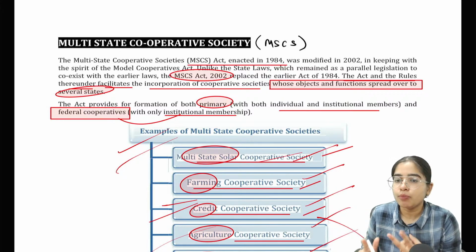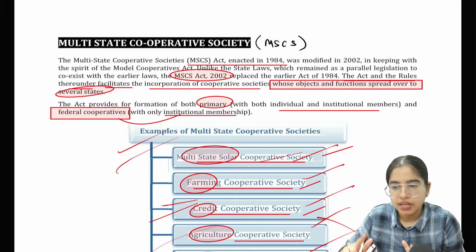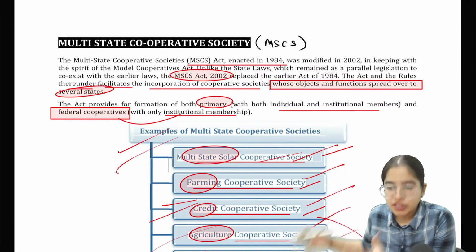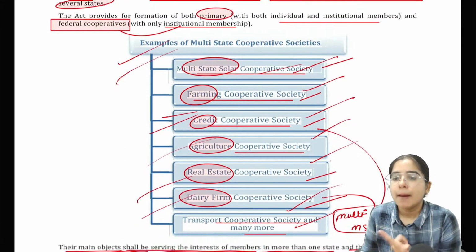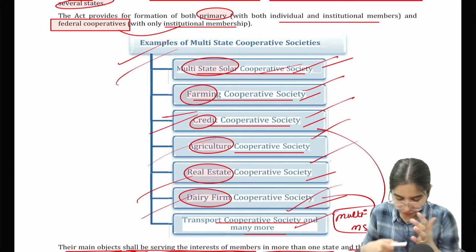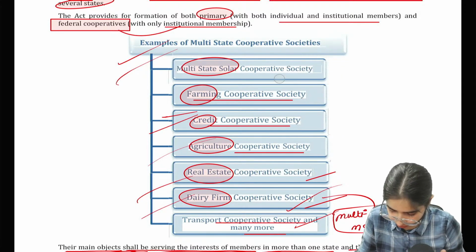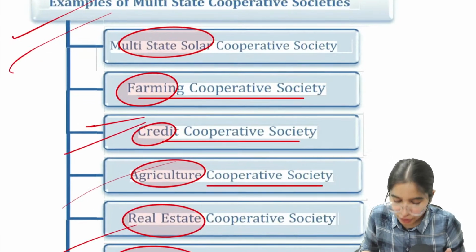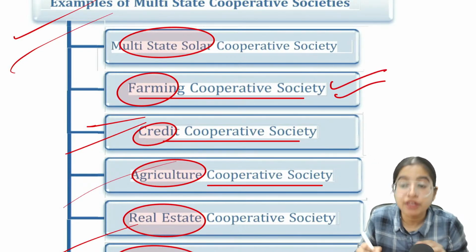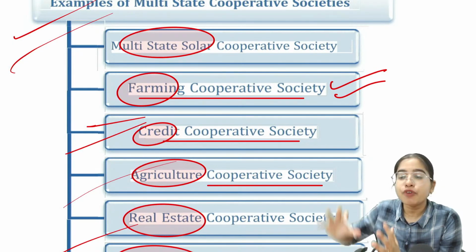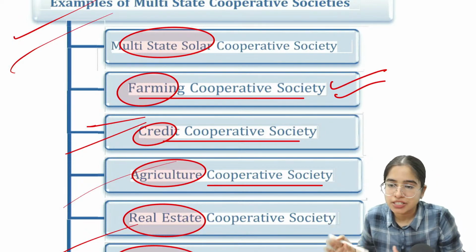A very important point: these multi-state cooperative societies are formed for the benefit of their members. So here one point is given: let's say you formed a multi-state cooperative society for doing farming business. For any specific purpose, you can form a multi-state cooperative society.